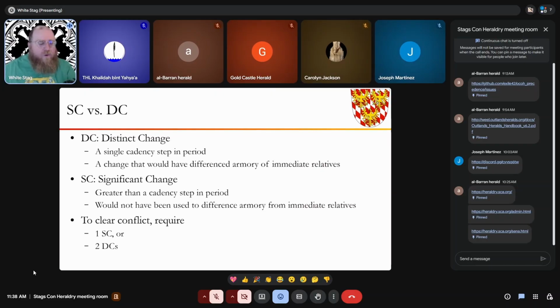You can think of it as one SC is worth 2 DCs, but it doesn't really work like that because of the whole idea of cadency. An SC means it's a whole different family. It is no longer a familial relationship in armory. So to be clear of conflict, you need 1 SC or 2 DCs.